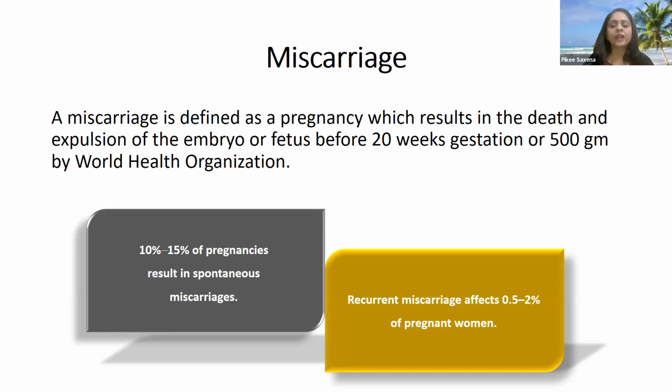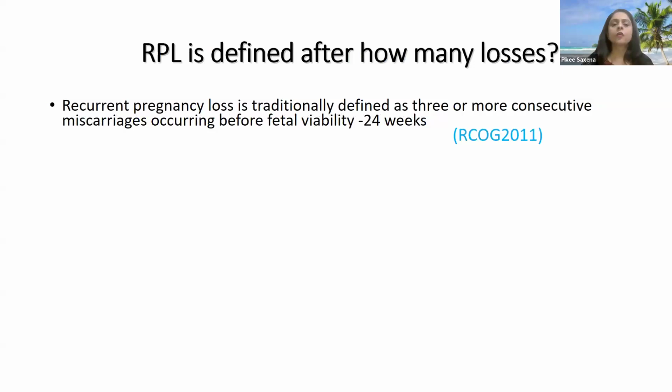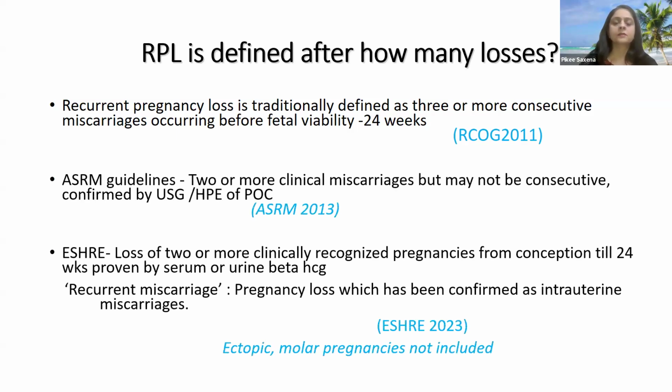However, only 0.5 to 2% result in recurrent miscarriage. So what is recurrent pregnancy loss? According to RCOG 2011, RPL is traditionally defined as 3 or more consecutive miscarriages occurring before the period of viability, which they take as 24 weeks.